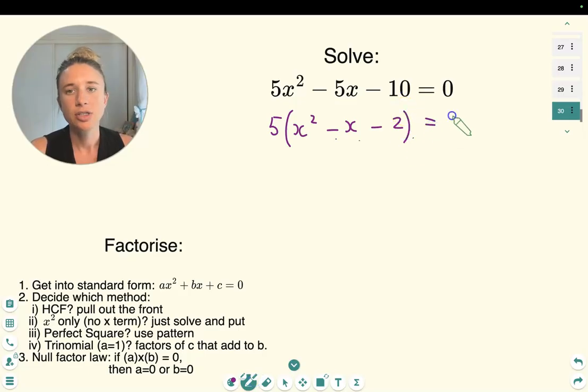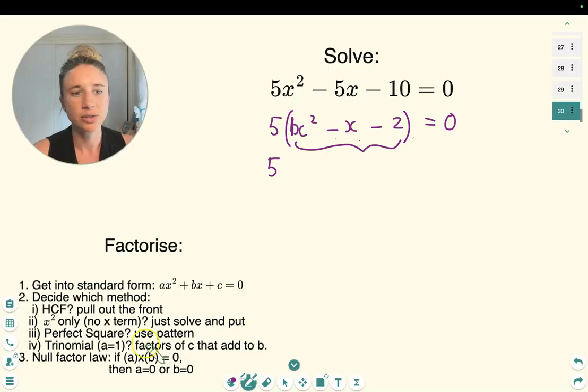So that's looking good. Now, we are going to ignore this 5 for a second. We're just going to write it straight down and try and factorize this bit, because now a is equal to 1. So we're looking at this trinomial bit, factors of c that add to give b.